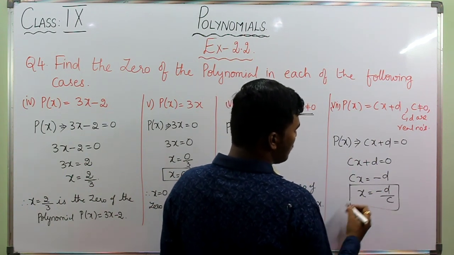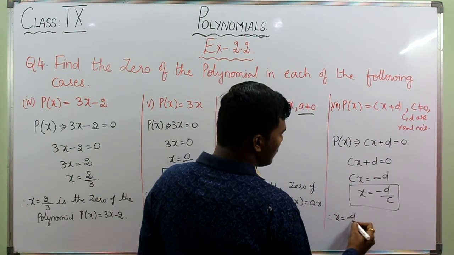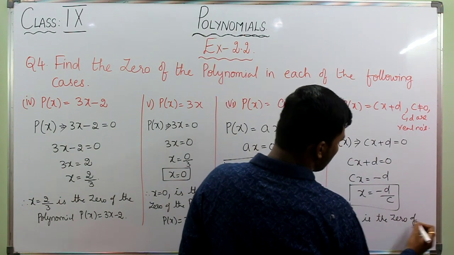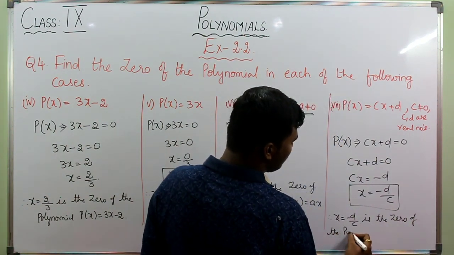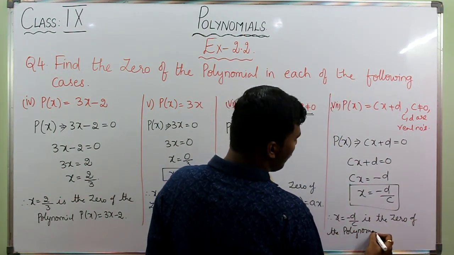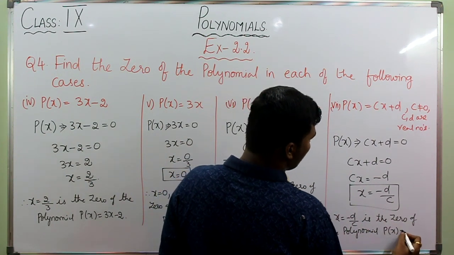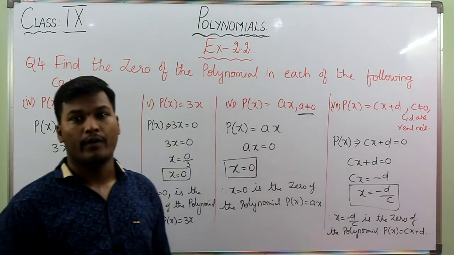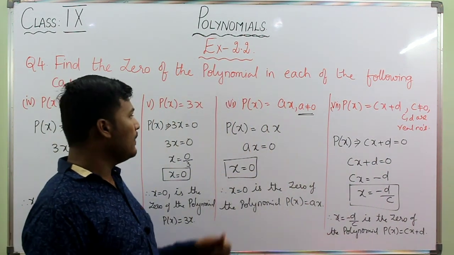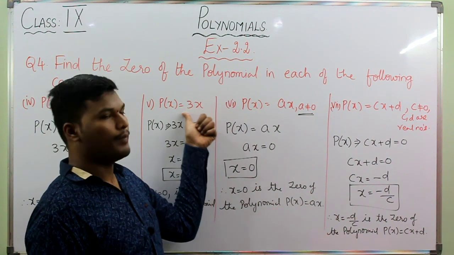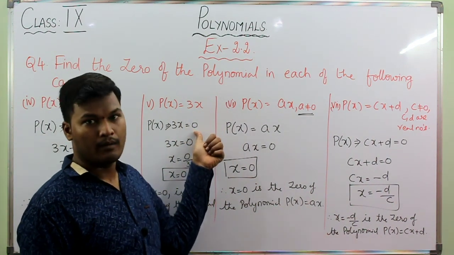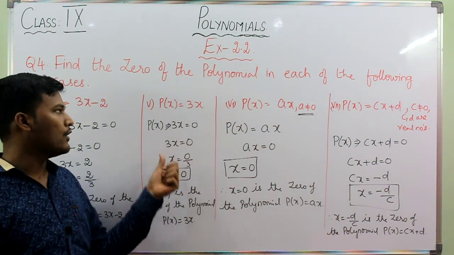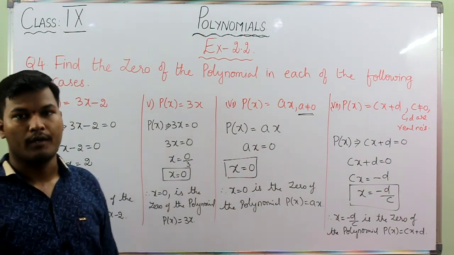So this x is equals to minus d by c is the 0 of the polynomial P of x is equals to cx plus d. So whenever we find the 0 of the polynomial, we should equate the given P of x to 0. Then we will get the x value. That corresponding x value is called the 0 of the polynomial.